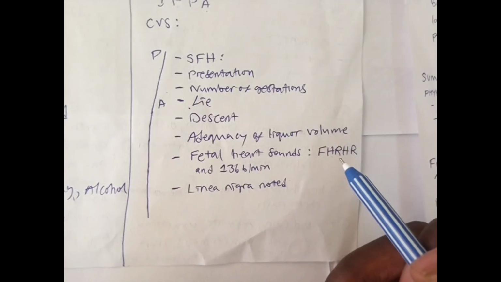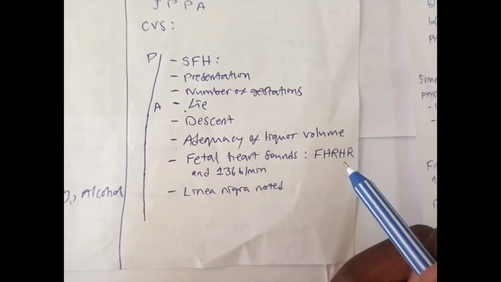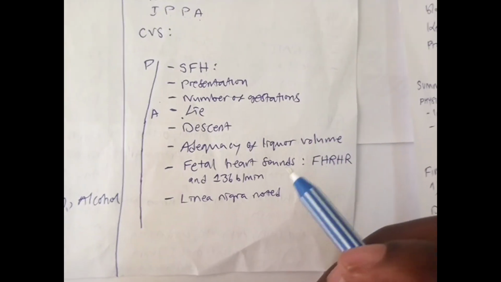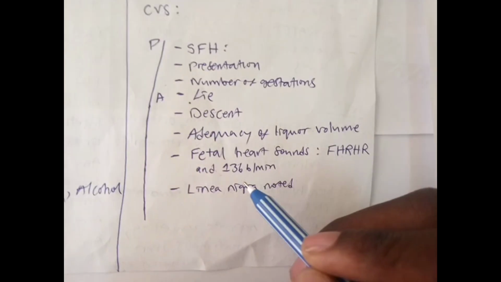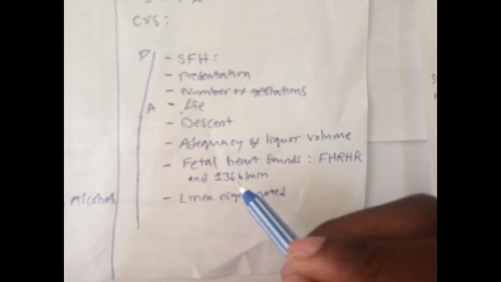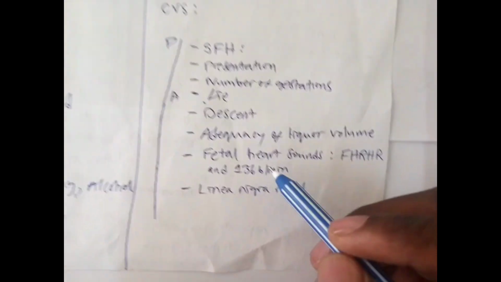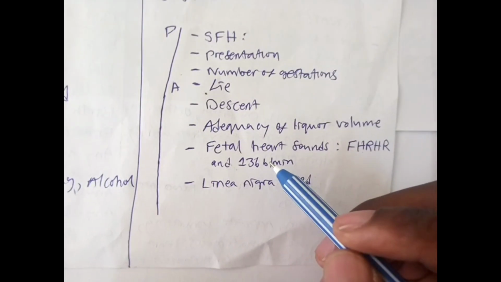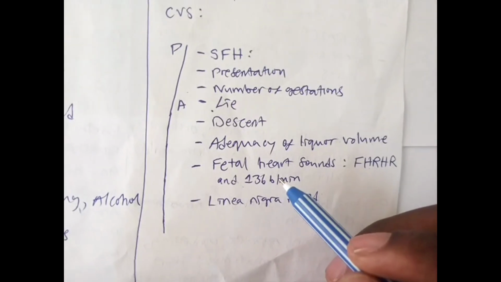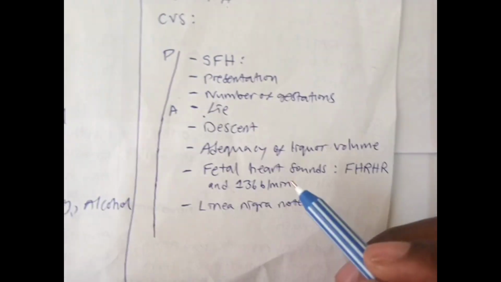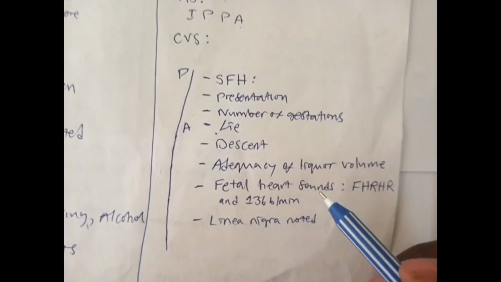Is the fetal heart sound regular? Is it tachycardic? You have to count for 1 minute, because if the fetal heart sound is irregular, and you count for 30 seconds and find 75, then multiply by 2, it gives you 150, and you say it's normal.